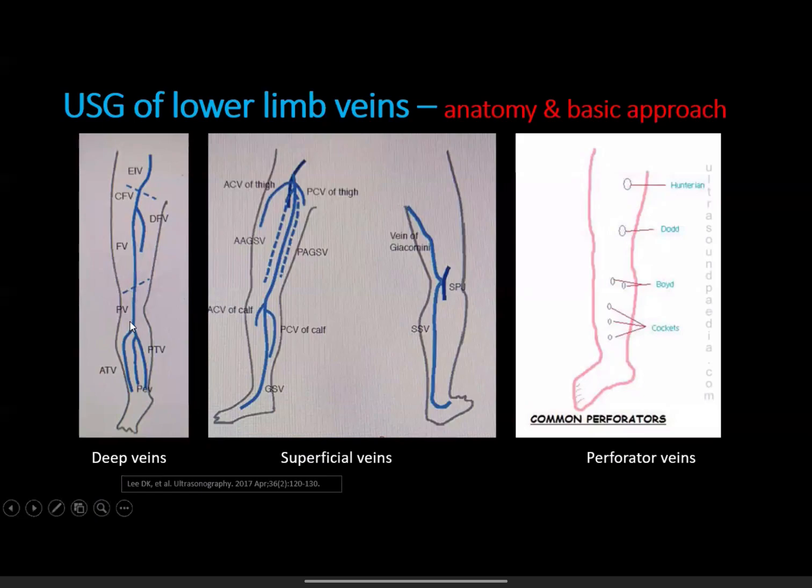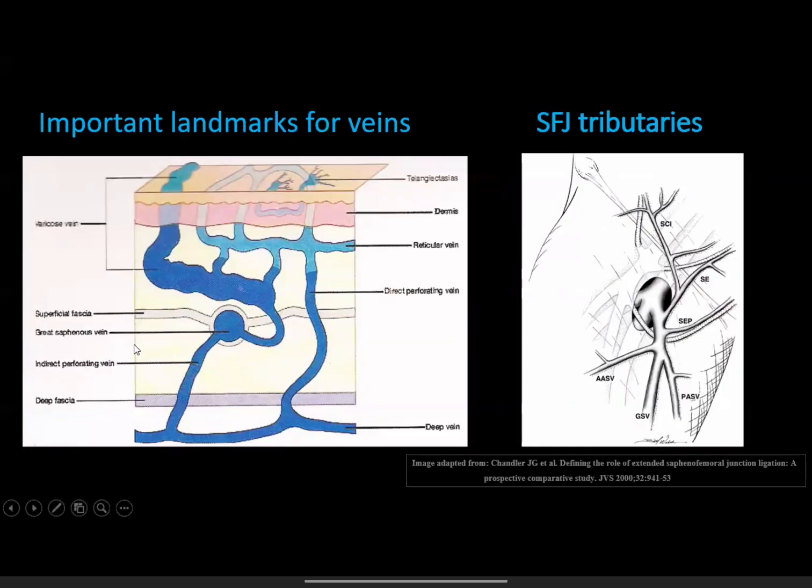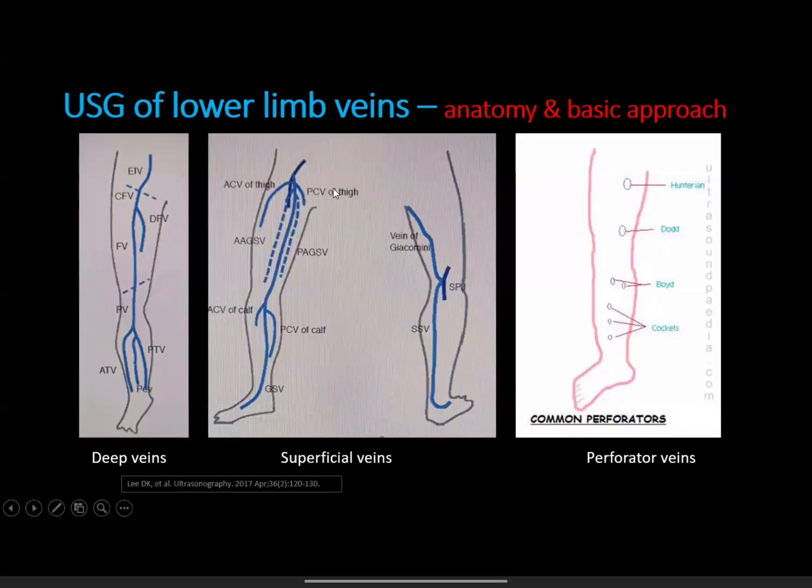And in the anterior compartment, we see the anterior tibial vein. In the medial compartment, we see the posterior tibial and peroneal veins. As far as the superficial veins are concerned, basically, the great saphenous vein is formed by the medial part of the dorsal venous arch, just anterior to the medial malleolus, and it continues ascending in the leg.